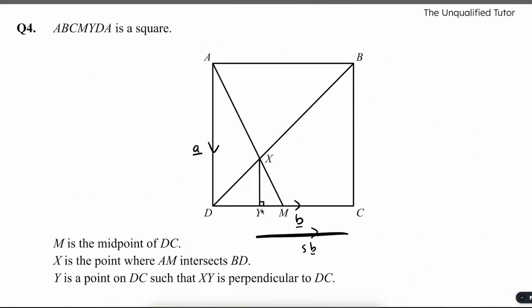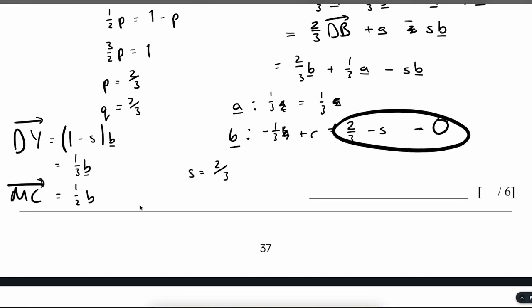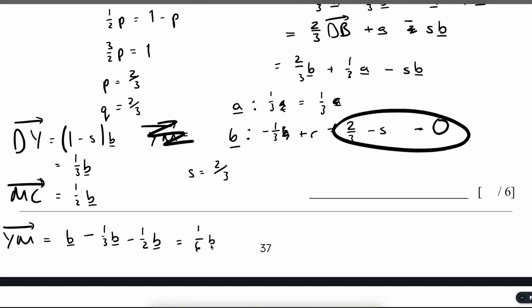And we know that ym must equal the bit left over. So ym must equal 1b minus 1/3 b minus 1/2 b, which is 1/6 b.